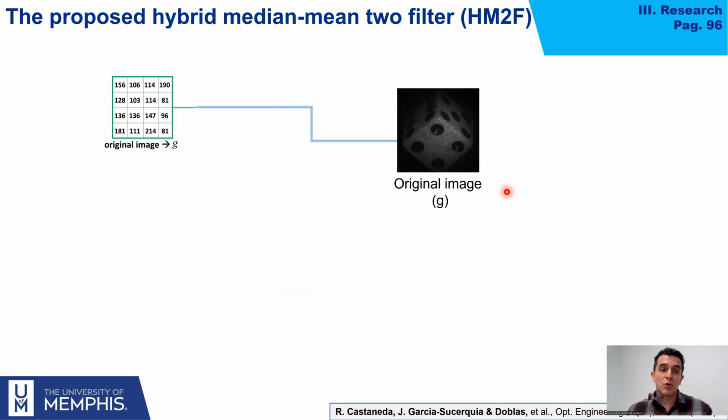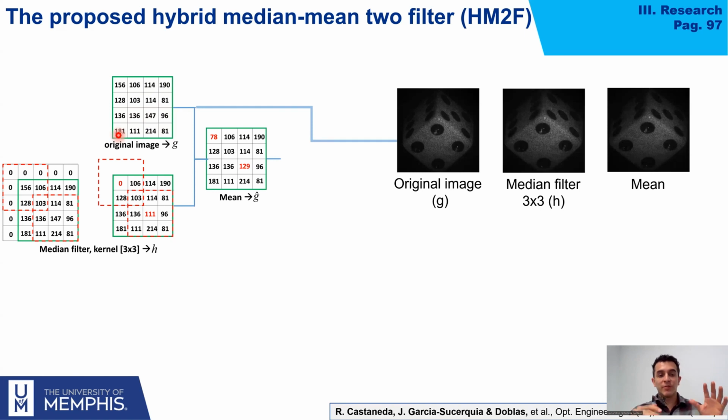So for this reason, in this work, we propose a computational method to reduce the speckle noise. The name is the hybrid median 2 filter. And let's explain our method right now. We can consider that our original image can be represented as a matrix, right? In the first step, the algorithm applies a median filter with a kernel size of 3 by 3 over the original image.